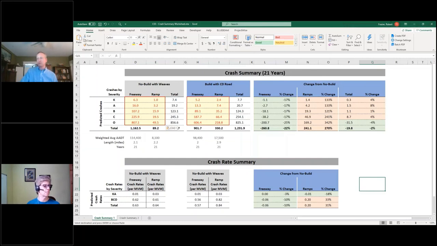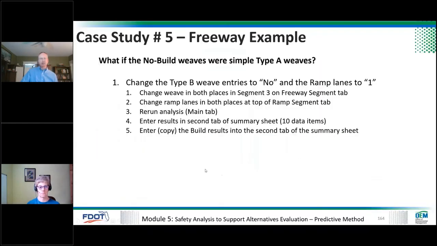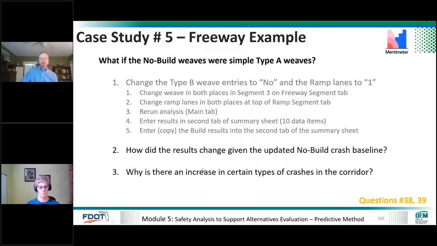So I guess I'm going to pause, or even stop. I'm going to go back to the presentation. Hopefully you've been able to follow along generally. I had two quick questions: how do the results change, and why is there an increase in certain types of crashes in the corridor? I'll go through those quick and give everybody a minute to answer.